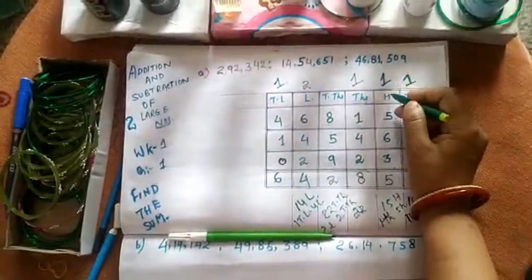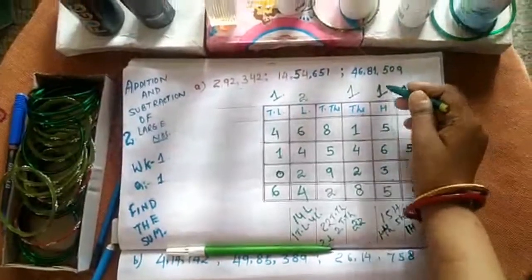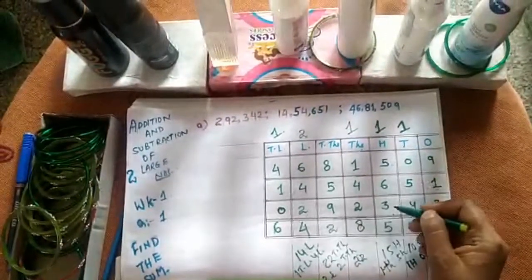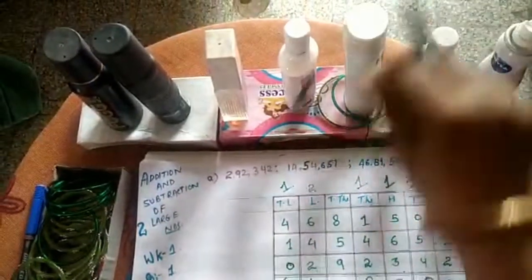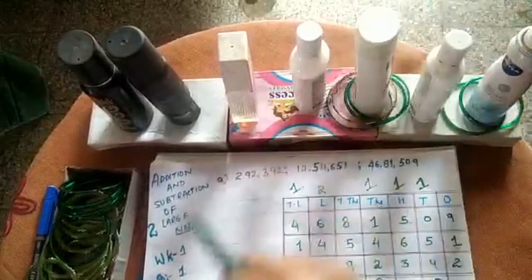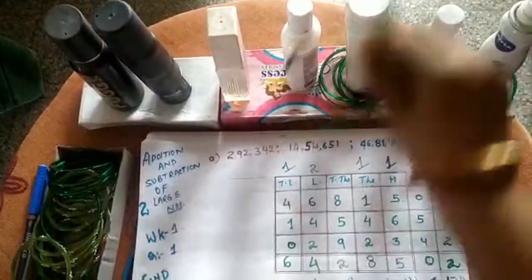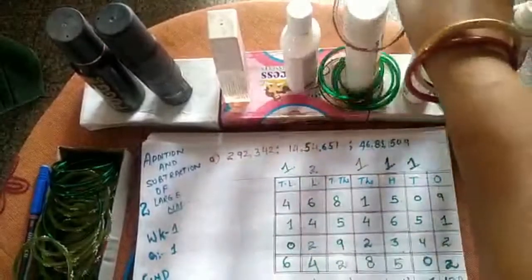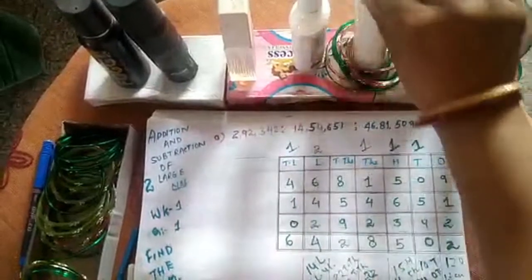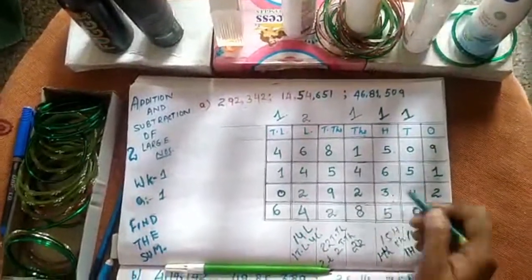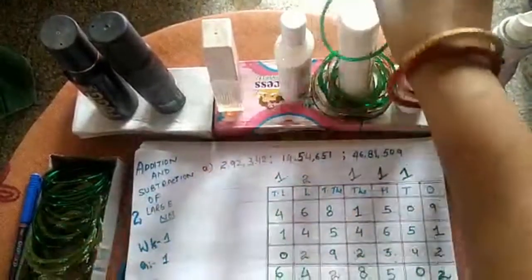In the hundreds place, we are adding 1 carryover hundred plus 500 plus 600 plus 300. 100 is already there, so I am adding 500: 100, 200, 300, 400, 500. Then I am adding 600: 100, 200, 300, 400, 500, 600. And now the next is 300: 100, 200, 300.